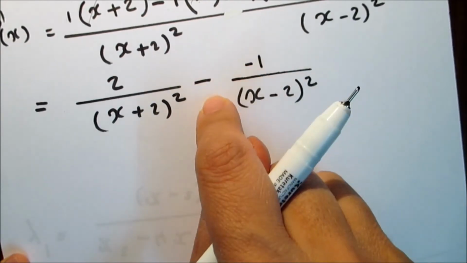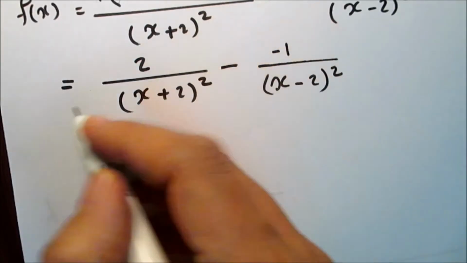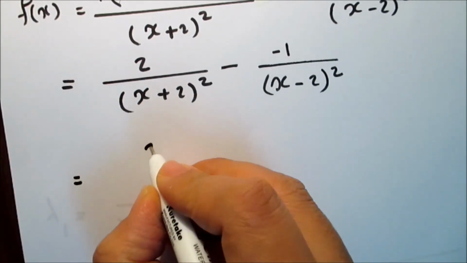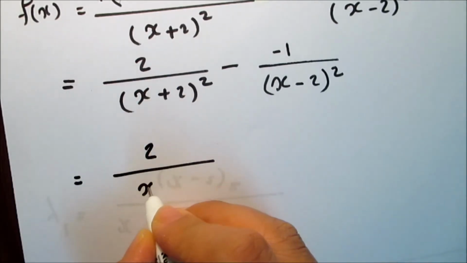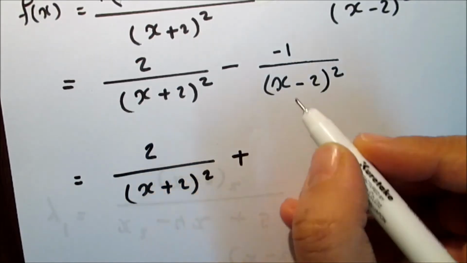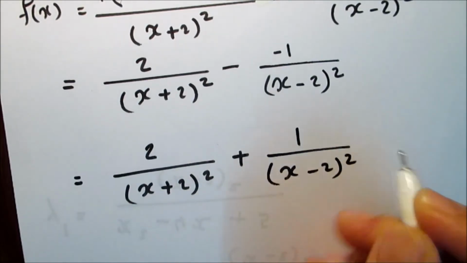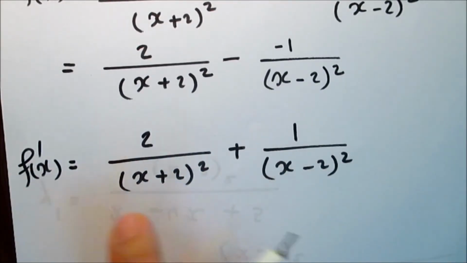Simplify, the negative sign is cancelled, minus negative 1 changes into plus 1, so this is equal to 2 over x plus 2 all squared plus 1 over x minus 2 all squared. This is the first derivative of the given function.